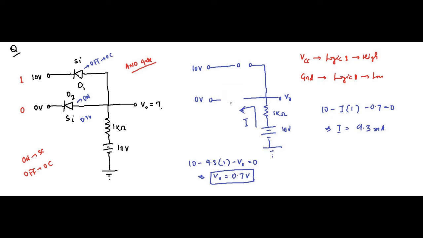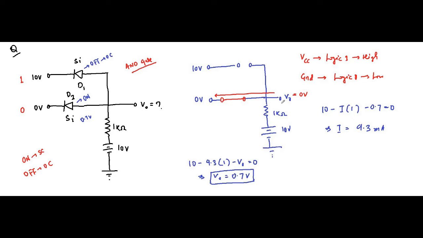Now V0 is directly connected to 0 volt here, so the output is 0 volt.